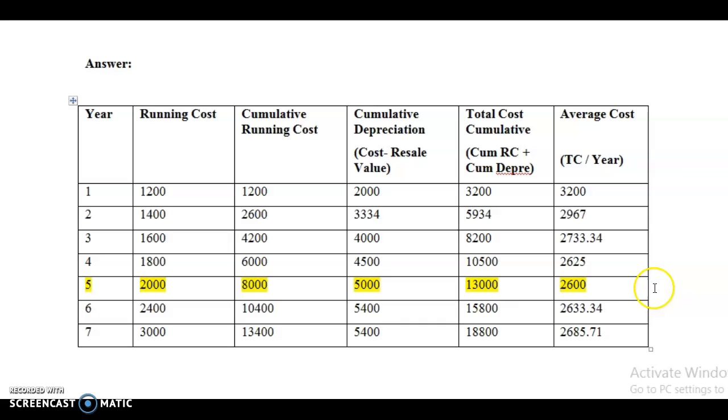Marking the column, 2600 is the least cost. So the most economic age for replacement is 5. The 5th year is the most economic replacement year, because the average cost is least for the 5th year.